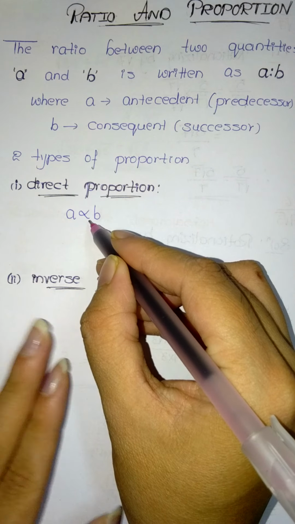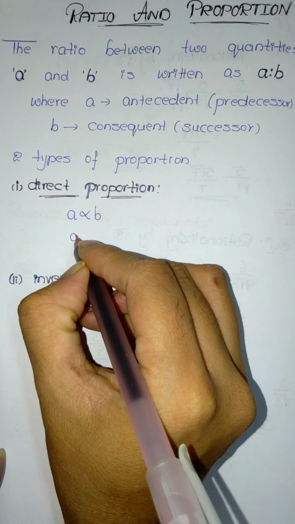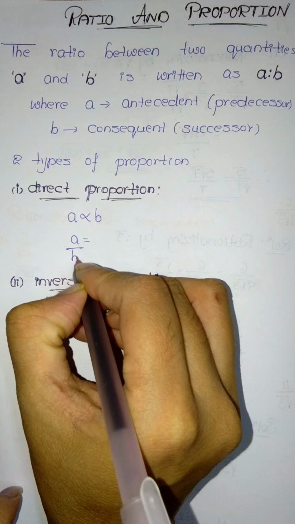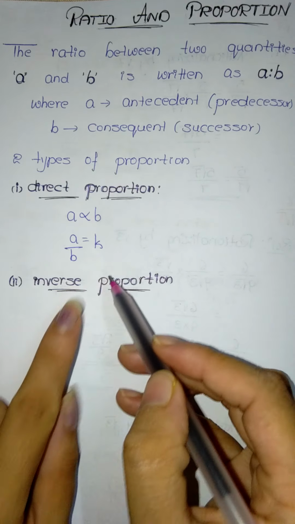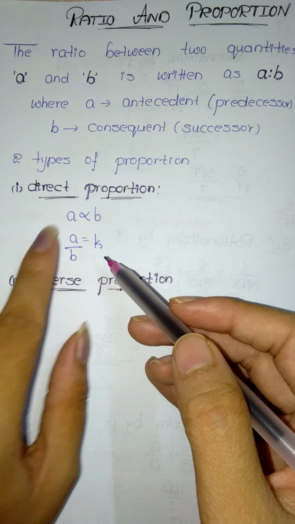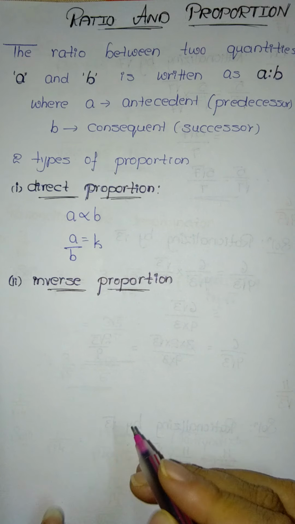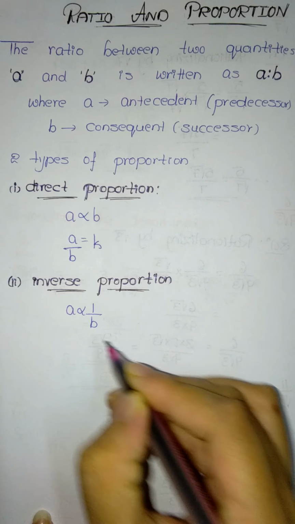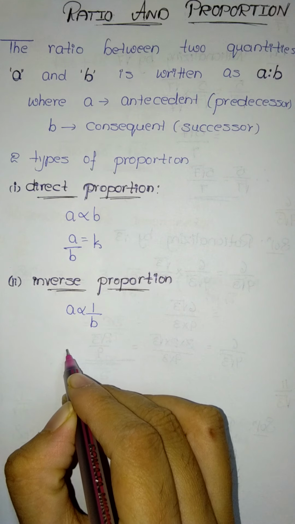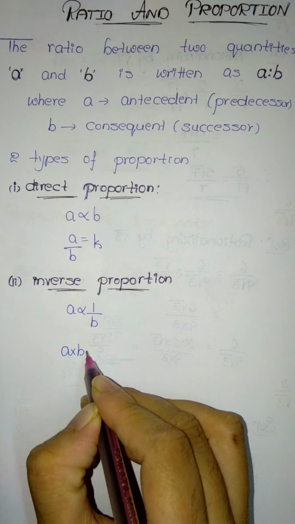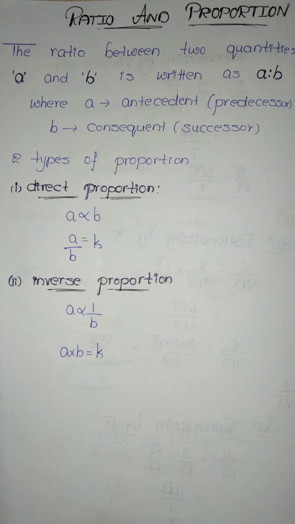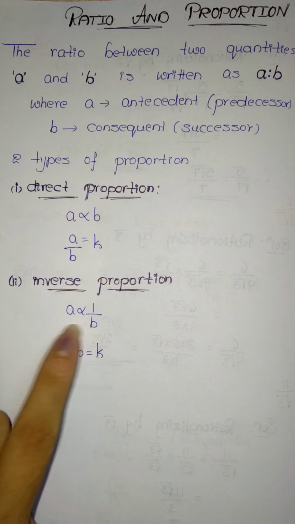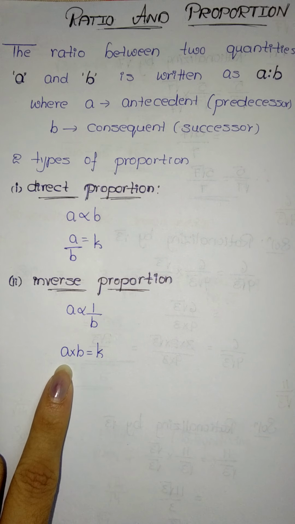So when we make it equal, A by B is equal to k, हम लोगों को प्रोपोर्शन फाइंड आउट करना है. सो डायरेक्टली रहेगा तो A बाई B रहेगा. सिमिलरली इन्वर्सली रहेगा तो A is inversely proportional to B. सो डिवाइड में है सो मल्टीप्लाई हो जाएगा. सो A into B is equal to k. हम लोगों को k की वैल्यू फाइंड आउट करना है. अगर डायरेक्टली रहेगा तो हम उसको लिख सकते हैं A by B, and if it is inversely proportional then we can write it as A into B.